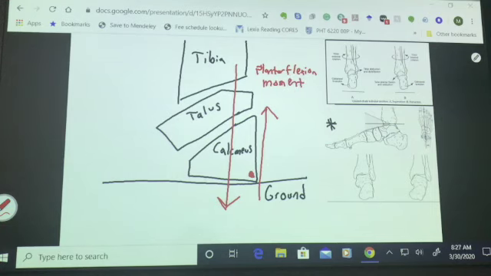So what happens, and as you can see from the picture over here, look at that line between the calcaneus and the talus. So the calcaneus shoots posteriorly. The talus, because it has nowhere else to go, plantar flexes.